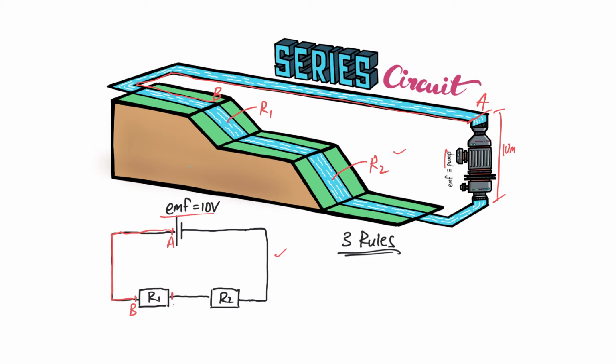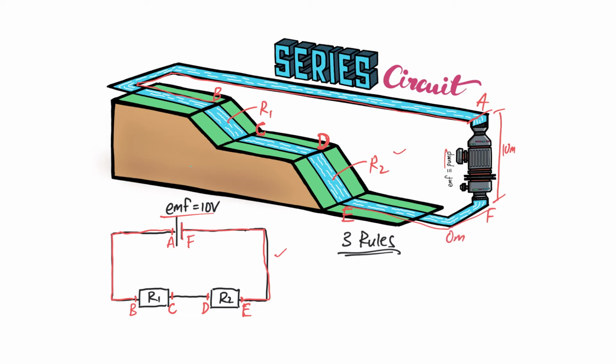So let's label this as C, and this section here is D. So C corresponds to this part here, and D will correspond to here. Then after coming out from R2, let's label it as E, and lastly, just before it enters into the negative terminal of the cell, let's call it F. Okay, so you can see that from E to F, this is the lowest portion of the river.